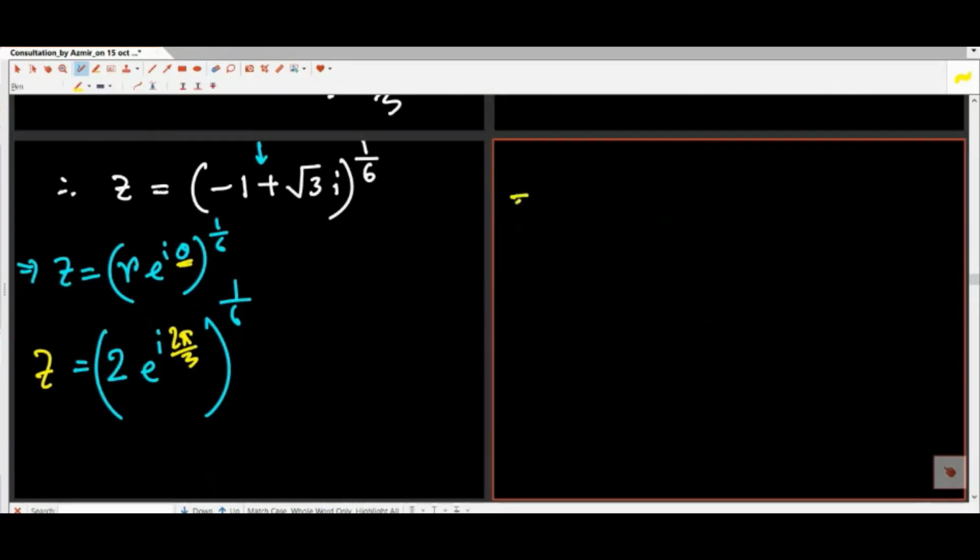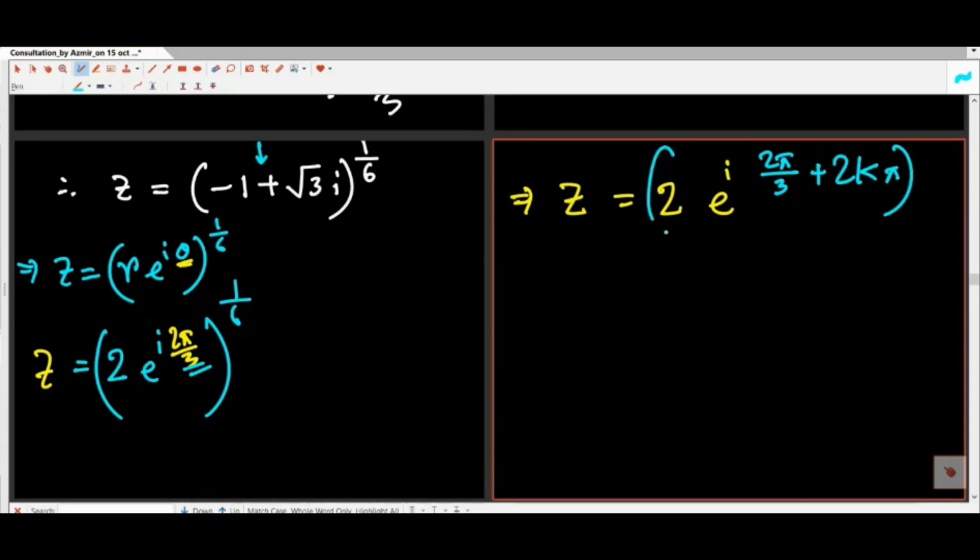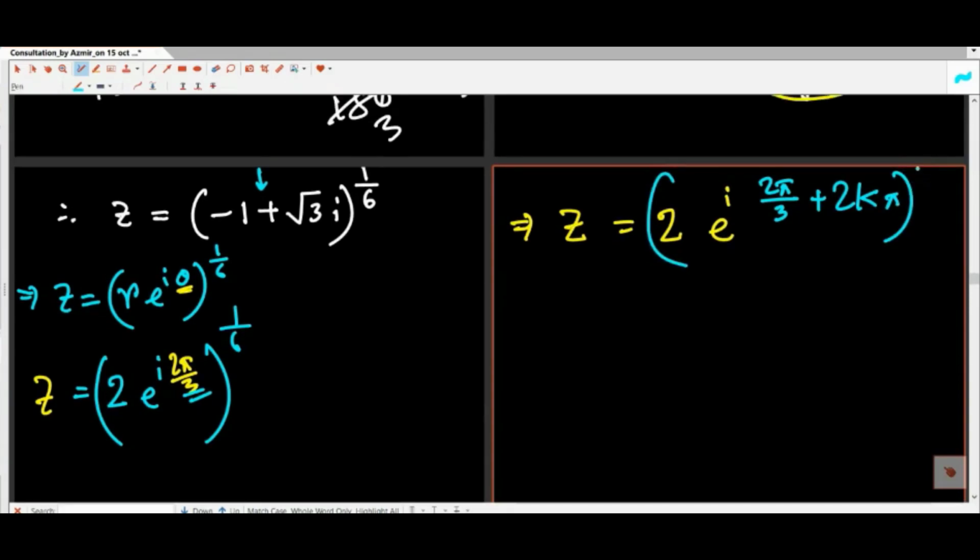That means z equals e power i times the portion theta, 2 pi over 3, so theta plus 2k pi. This is the thing that you have to do. What I have done here is just replace theta with theta plus 2k pi.